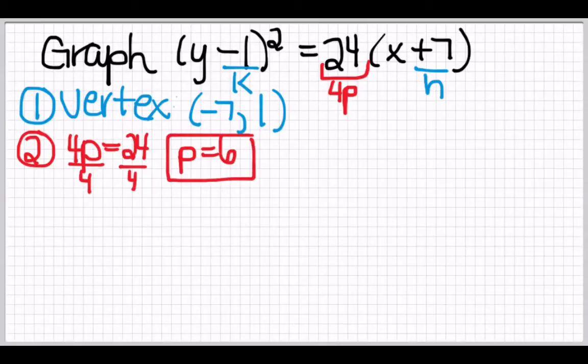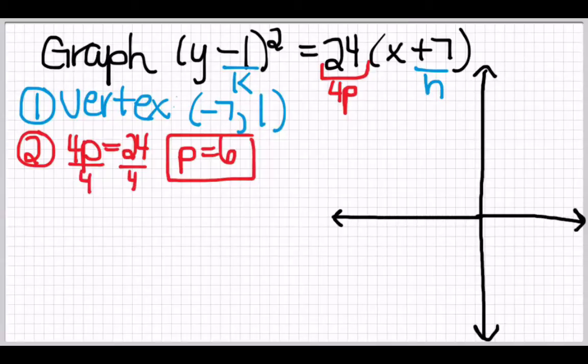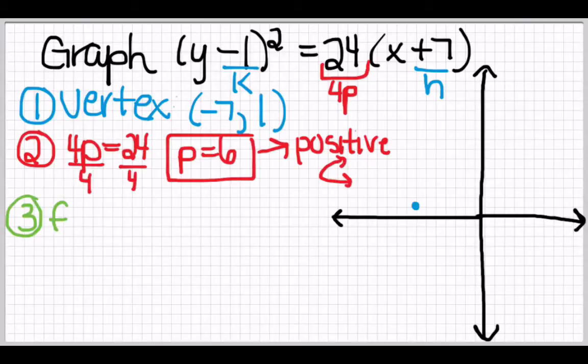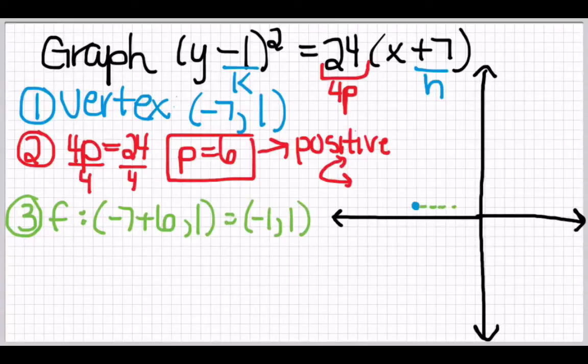Now let's start by plotting the vertex. If I draw an xy plane, I'll plot the vertex at (negative 7, 1), and I also might take a note that since the p-value is positive, I know that it's going to be a parabola opening up to the right. Next I want to find the focus, and to do this I'm going to add p to the x value of the vertex, which makes it (negative 1, 1).